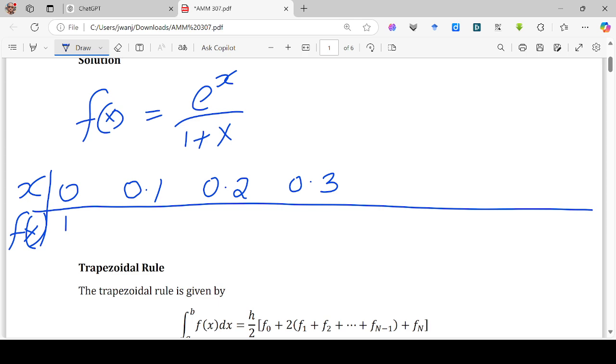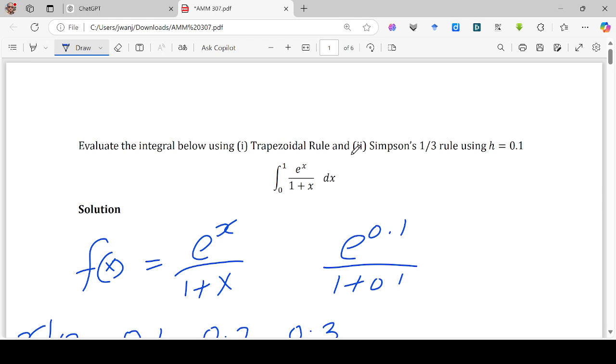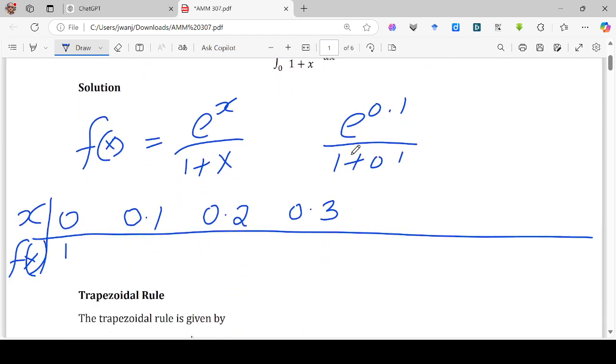Then when x is 0.1, we can calculate e raised to power 0.1 divided by 1 plus 0.1, and we can get this value if you use a calculator.